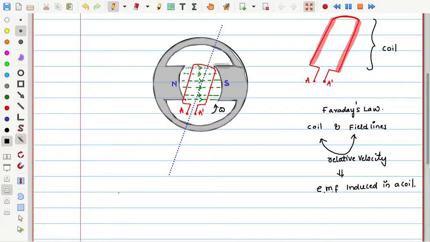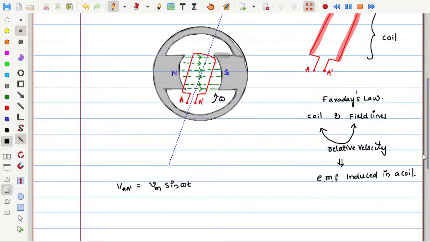Then if we measure the voltage between A and A dash, what we get is a sinusoidal voltage of the form Vm sin omega t. This is the sinusoidal voltage developed between the terminals of this coil.